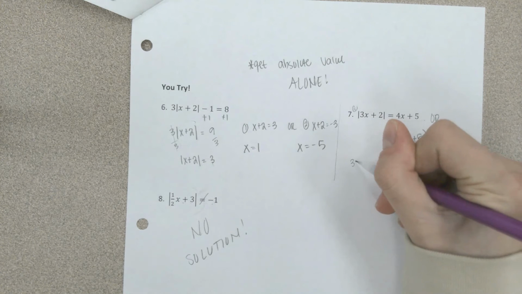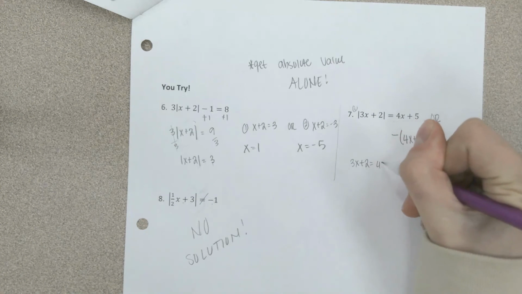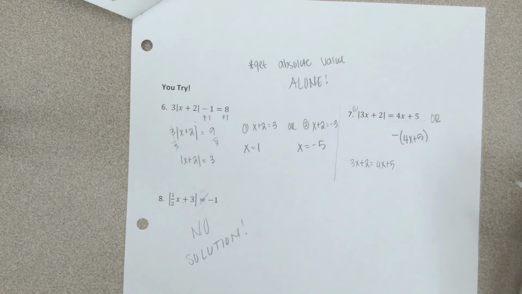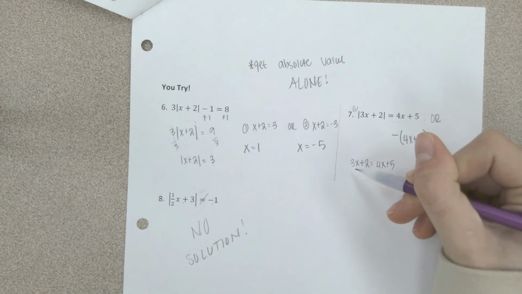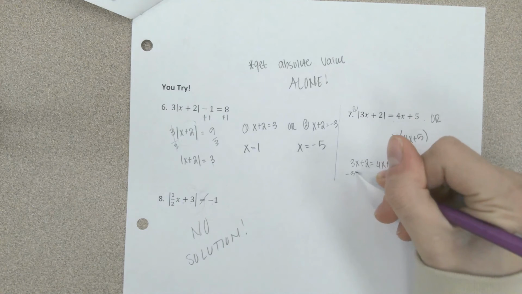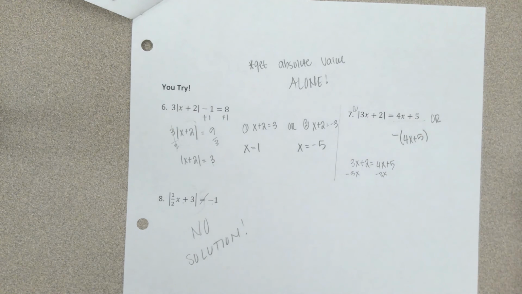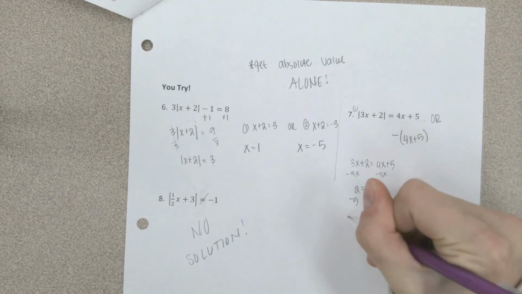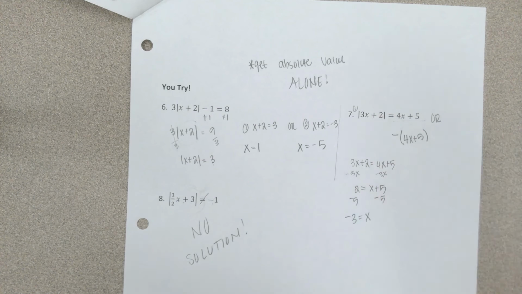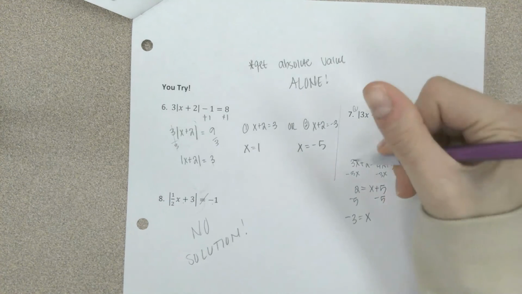So we have 3x plus 2 equaling 4x plus 5. I always keep my x positive, so I'm going to subtract 3x over, combine our like terms, so we get 2 equaling x plus 5, subtract 5 over to get negative 3 equaling x. Okay, this was 1.